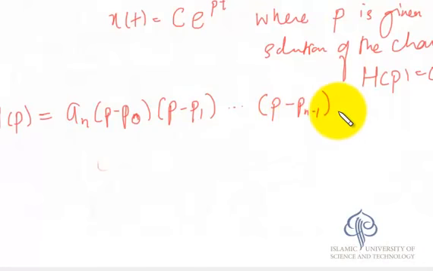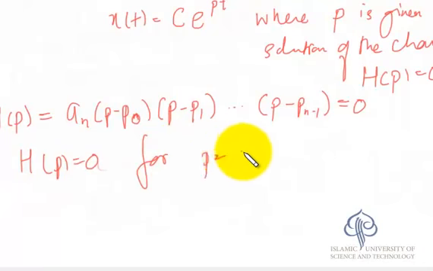It's a polynomial of nth order. If you're able to write something like this, then H(p) is equal to 0 for p equal to p0, p1, p2 up to p(n minus 1).